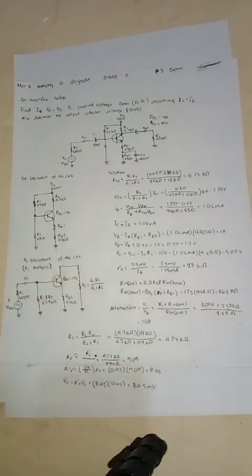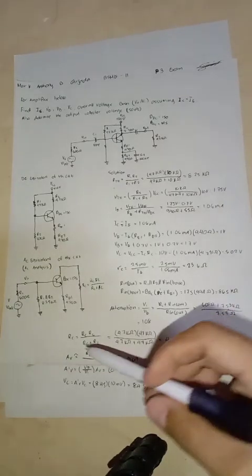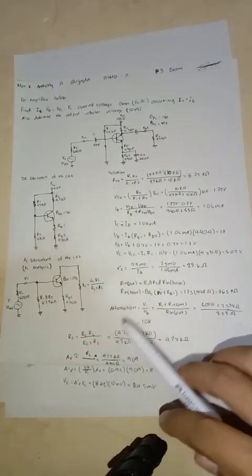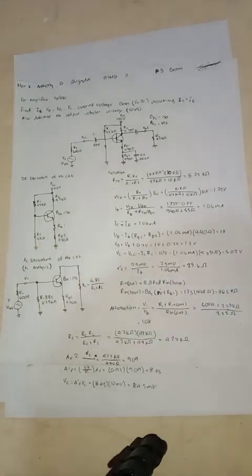Now we need to determine the collector resistance, whose formula is RC times RL over RC plus RL. The value is 4.7 kilo ohms times 447 kilo ohms over 4.7 kilo ohms plus 447 kilo ohms, and we have our value of 4.27 kilo ohms.